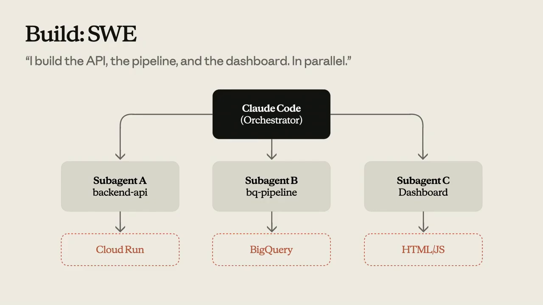As you can see here, we are going to spin up three different sub-agents: one for the API, one for the ingestion pipeline, and the other one for the dashboard. And you can parallelize the implementation of each of these components, just like you run a team sprint in your usual development life cycle. So let's see this in action as well.